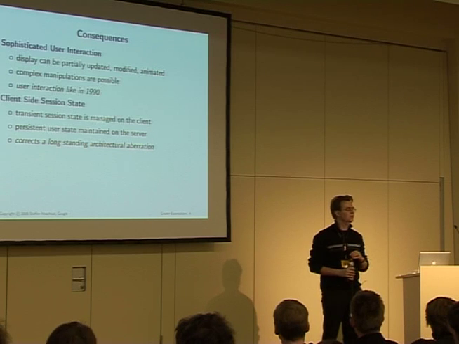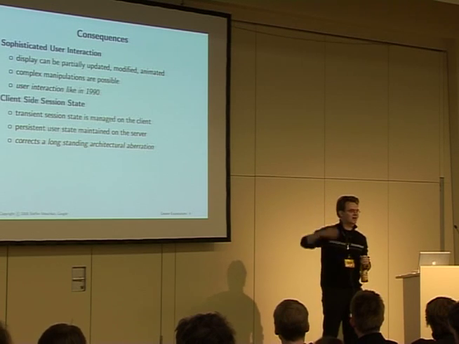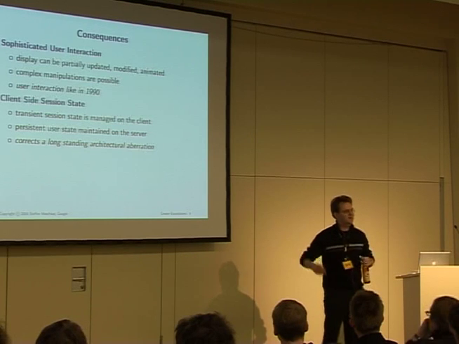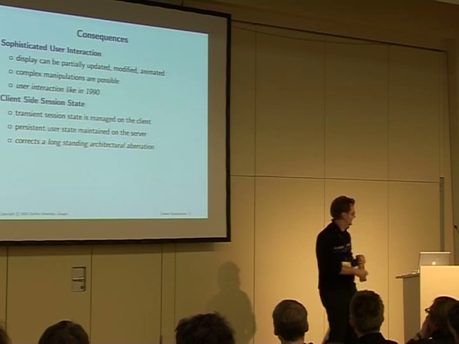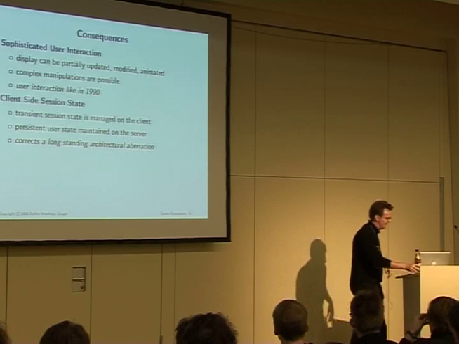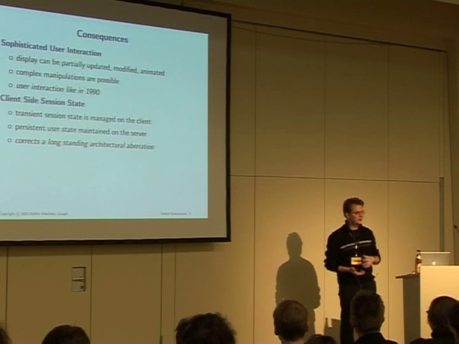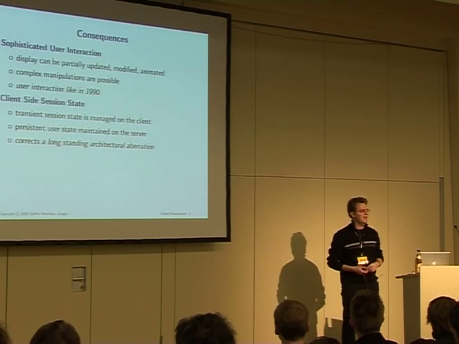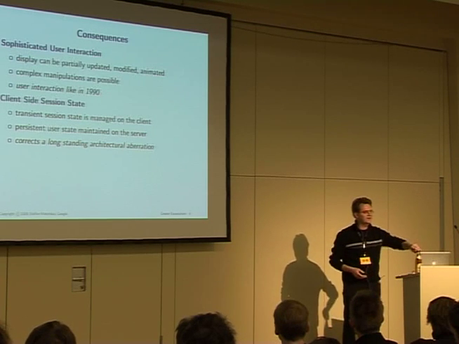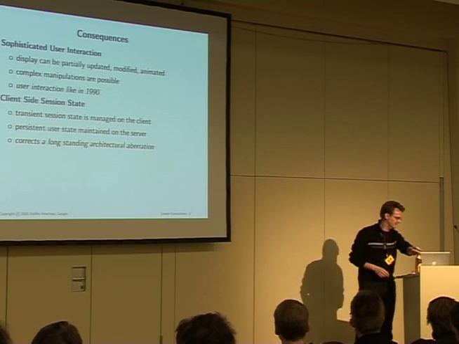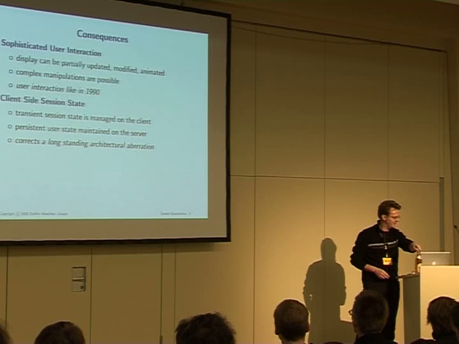So you don't have to have the server-side session state object and can still finally submit everything, but collect this user interaction state on the client side. And that finally gives the possibility to correct this aberration that came up in the middle of the 90s and is now a real pain in the architecture of web applications.